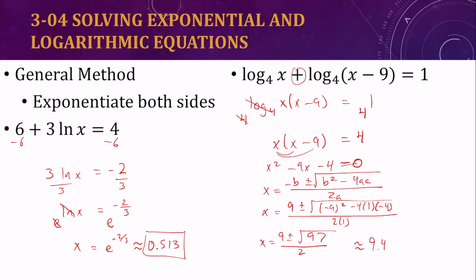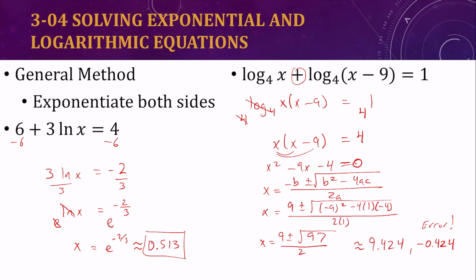We get 9.424, and we'll get negative 0.424. Well, we need to check our answers. So we check the first one, we plug it in, run it through the calculator. It works. We plug in the second one, and it gives us error.